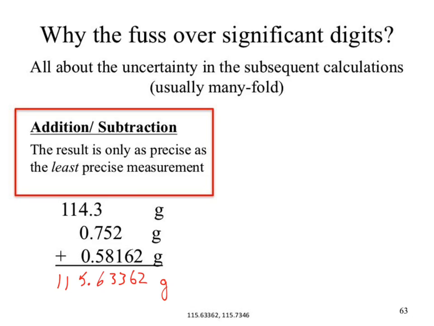If I ask you that on a test and that's the answer you bubble in on the multiple choice, you are wrong. Because of sig figs. When we're doing addition and subtraction, our answer can only be as precise as the least precise measurement. If these are all measurements, when I add them up, I have to take into consideration the precision of those. Which of those values is the least precise?